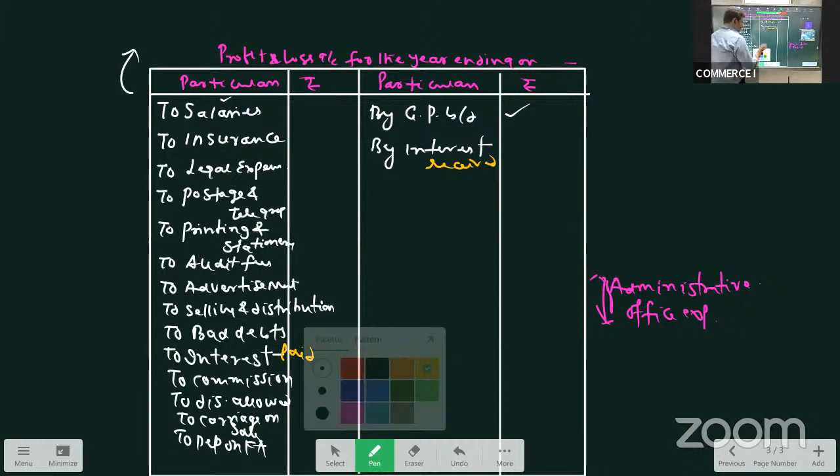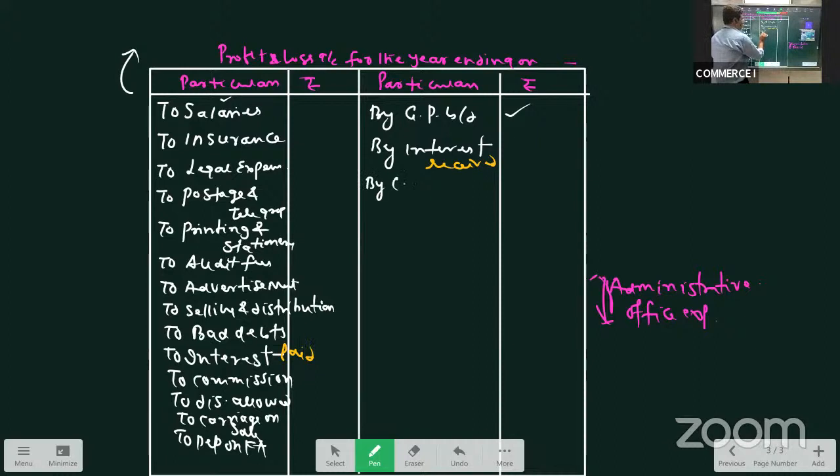Similarly, we can have some other incomes like commission. When I say commission, I mean commission received. We may get some discount received. Discount allowed, I said we will take on the debit side. Discount received, credit side.